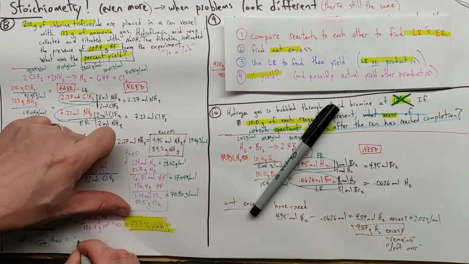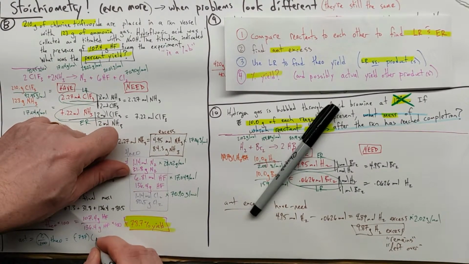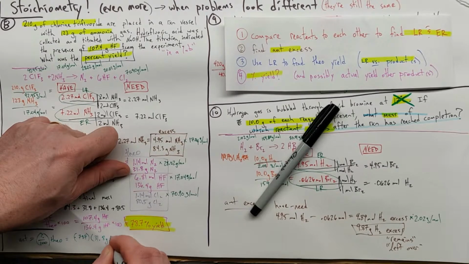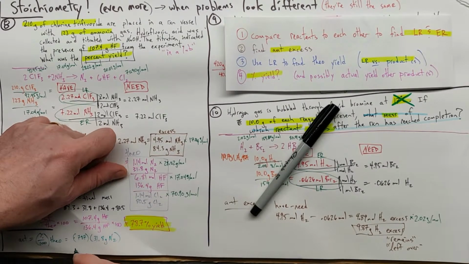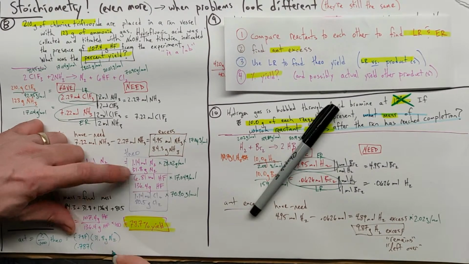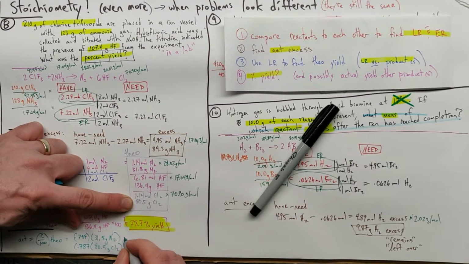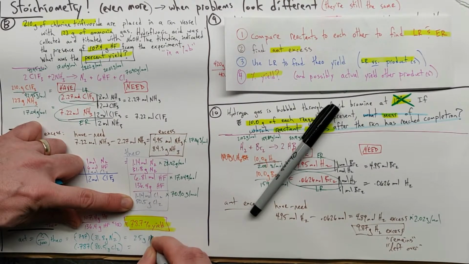That's 0.787 times, we'll say, 31.8 grams of nitrogen, and 0.787 times 80.5 grams of chlorine. All right, and that all managed to fit on the screen. That should give us 25 grams of nitrogen as an actual yield and 63.4 grams of chlorine as an actual yield.